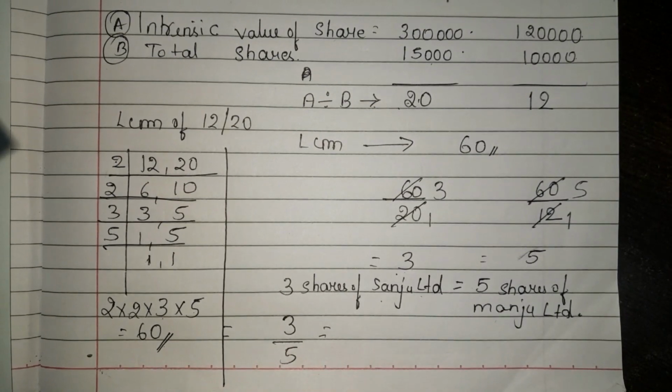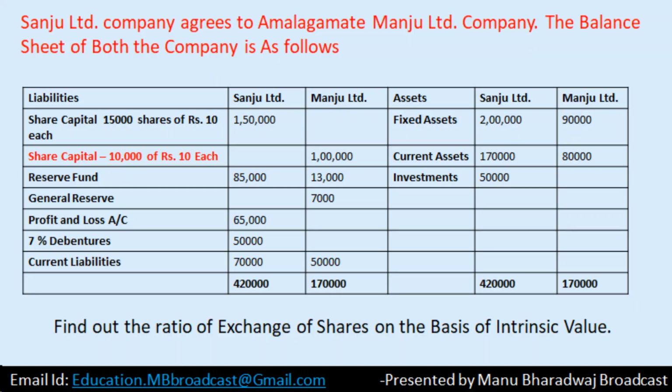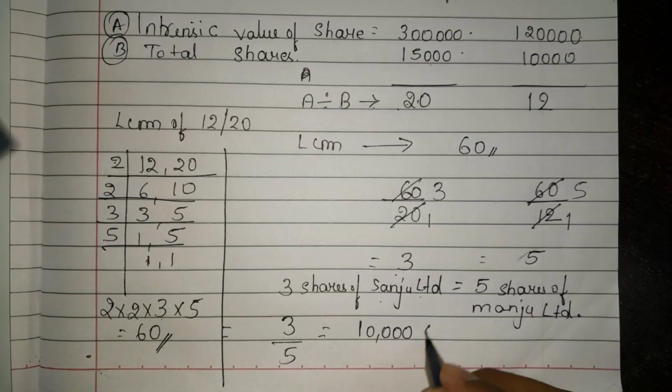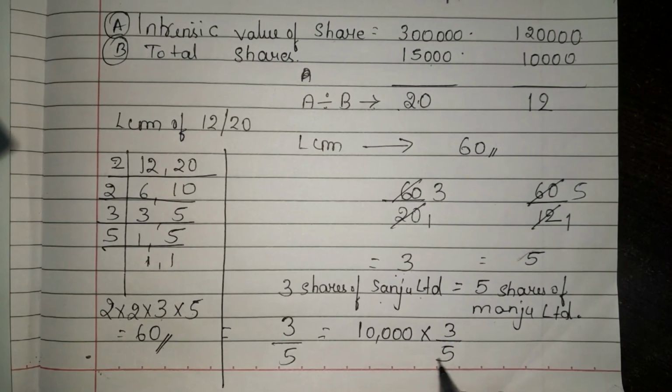Now see the question. Here Sanju Limited agrees to amalgamate Manju Limited. So Manju Limited is getting merged into Sanju Limited. So what is the total shares of Manju Limited? Total shares of Manju Limited is 10,000. Write 10,000 here into 3 by 5.